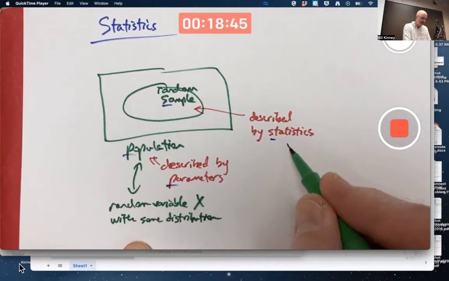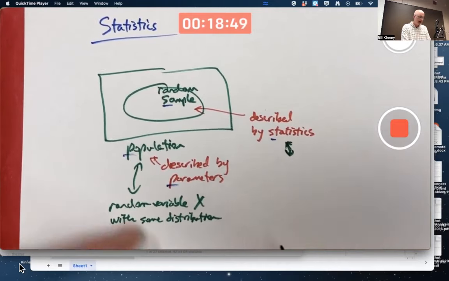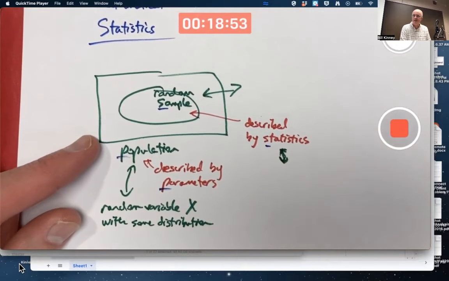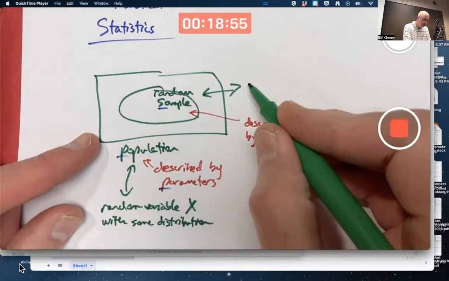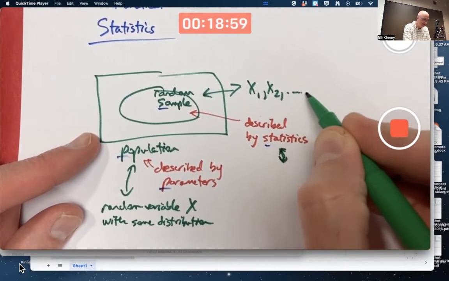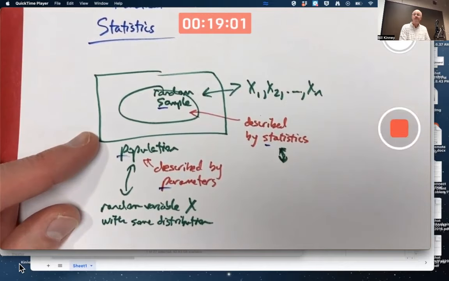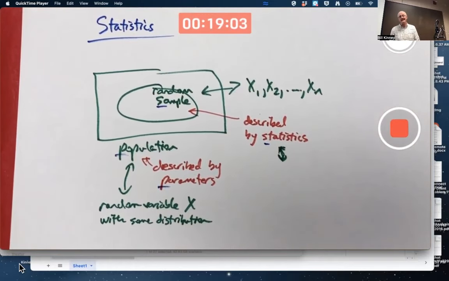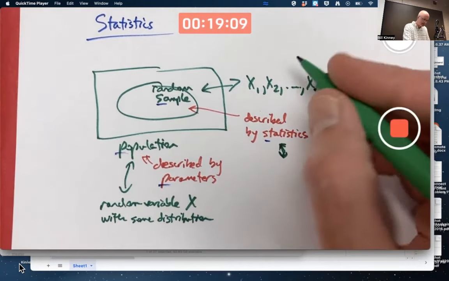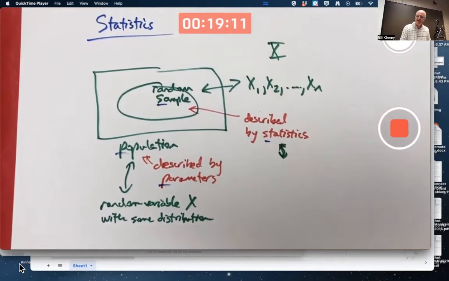The statistics for us here and the random sample, in fact, are also abstract. The random sample consists of a list of random variables. Those are supposed to be capital X's there, just like this, the capital X. I think again, Dr. Wetzel makes the Roman numeral X's to emphasize they're capital X's.